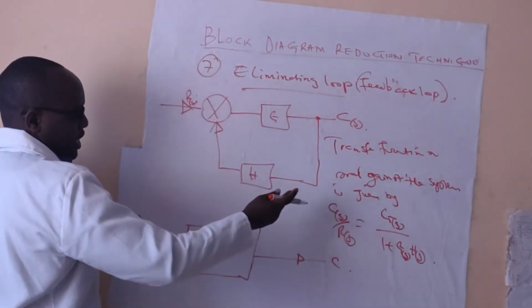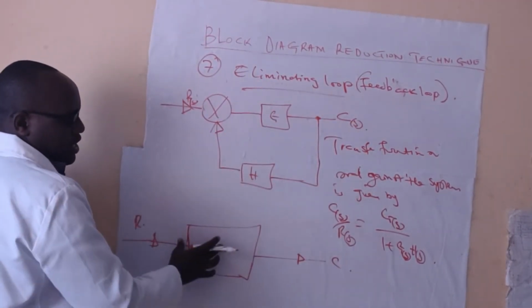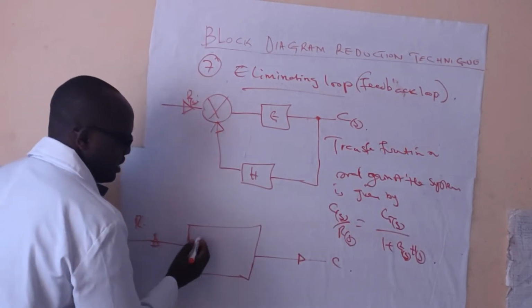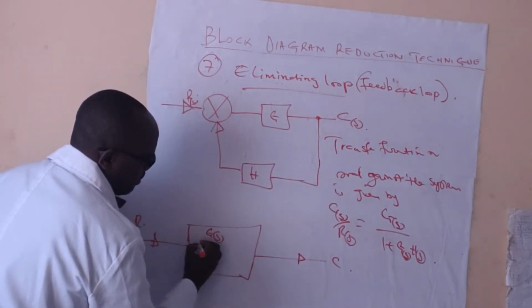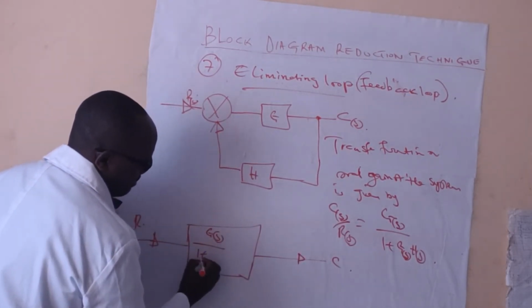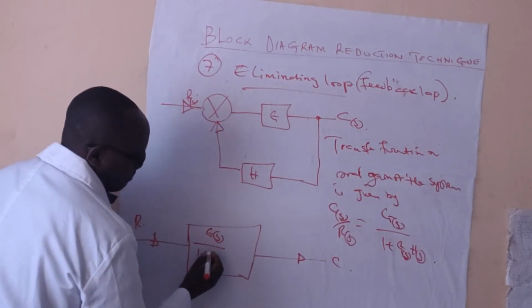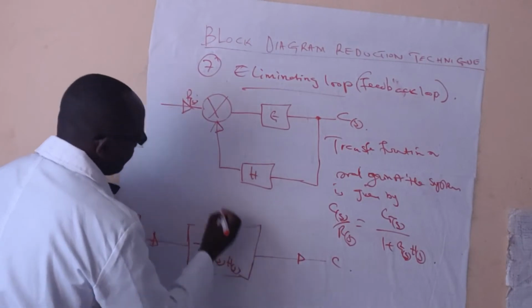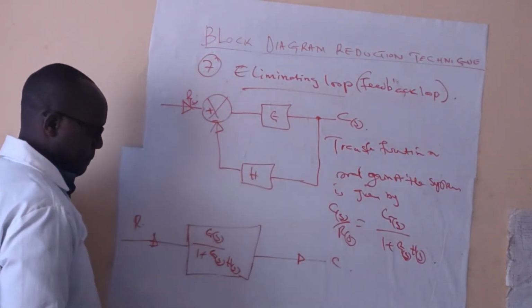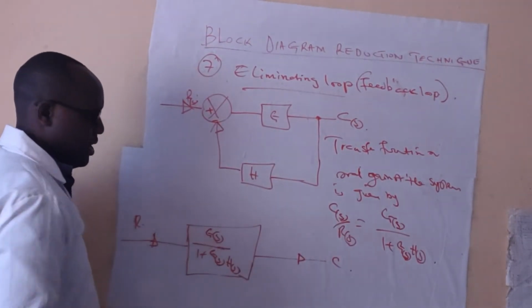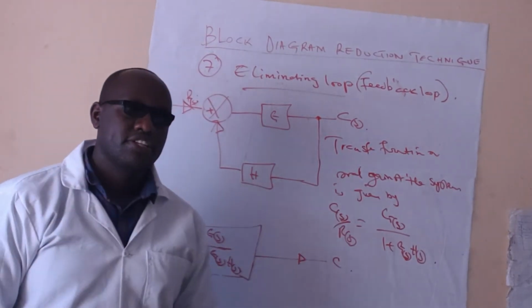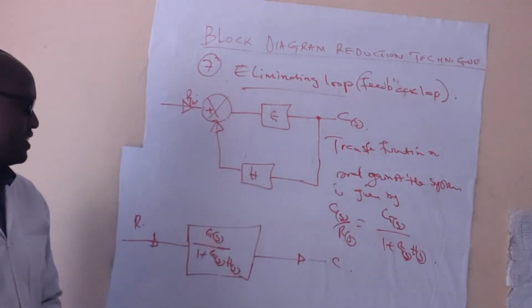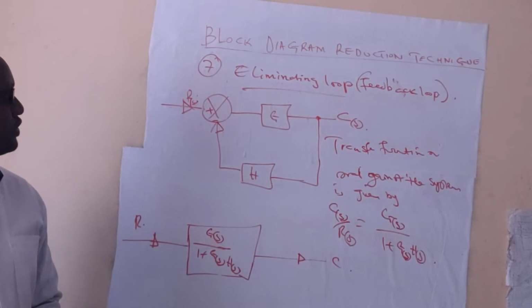The reduction of this, the equivalent of that, is going to be G(s) all over 1 plus G(s)H(s), and that will be the equivalent of that system.